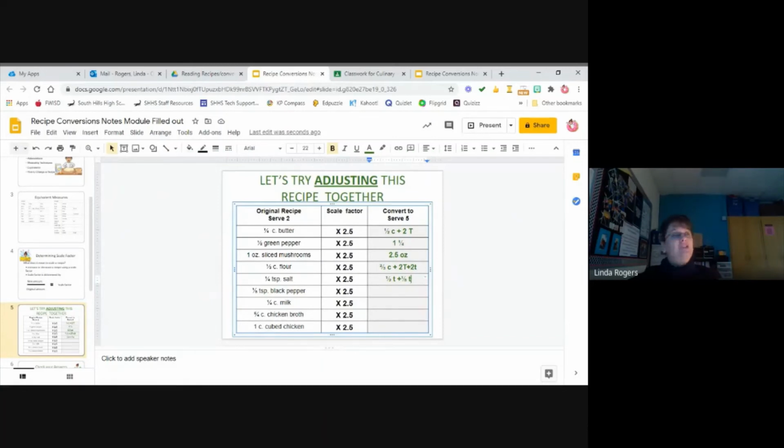When you're actually measuring an eighth of a teaspoon, because you'll see that sometimes, and you only have 1/4 of a teaspoon available to you, you're going to take half of that 1/4 of a teaspoon. It's not going to be an exact measurement because you don't have an eighth of a teaspoon, but you're going to use that 1/4 and only fill it up halfway.